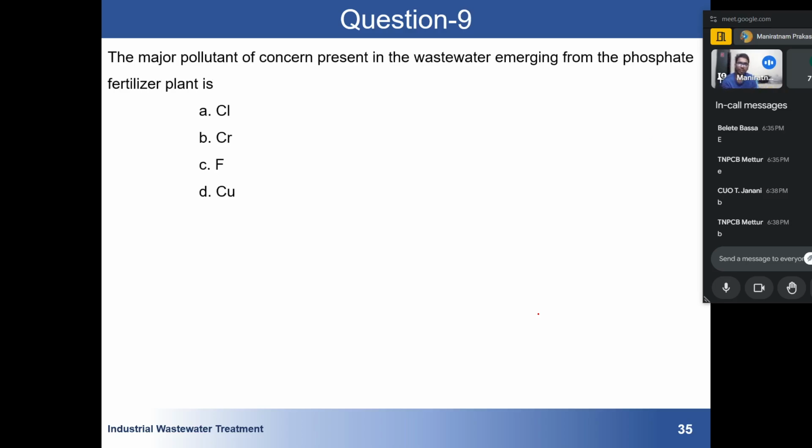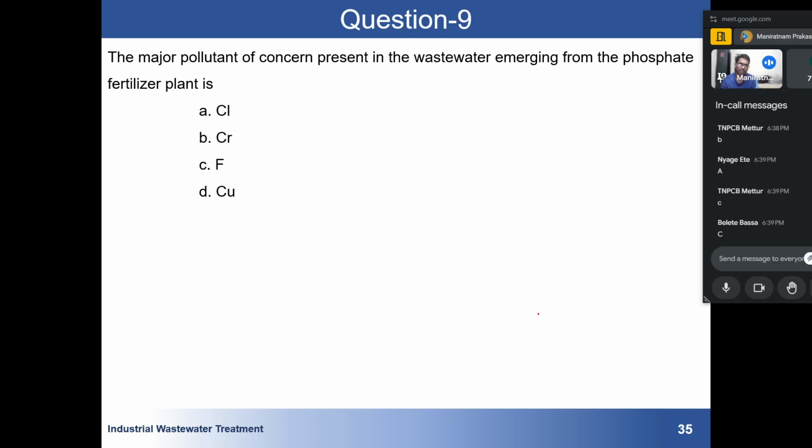The major pollutant of concern in the wastewater emerging from a phosphate fertilizer plant is... very common question. Someone is saying A, someone is saying C. Chlorine, no, not chlorine.